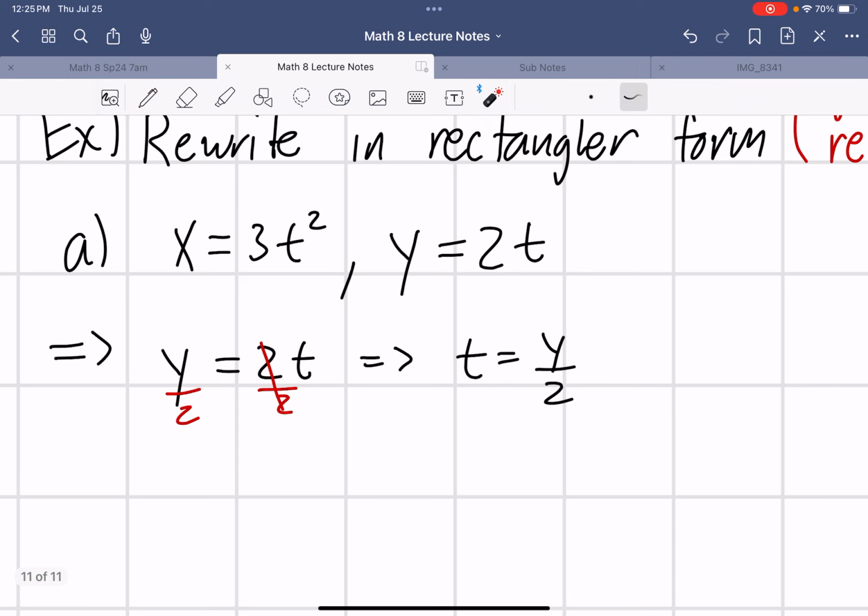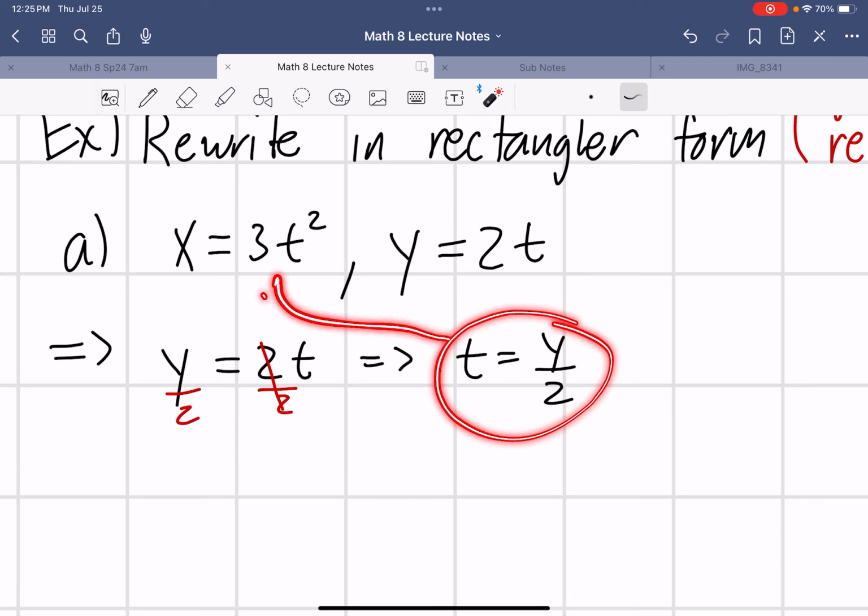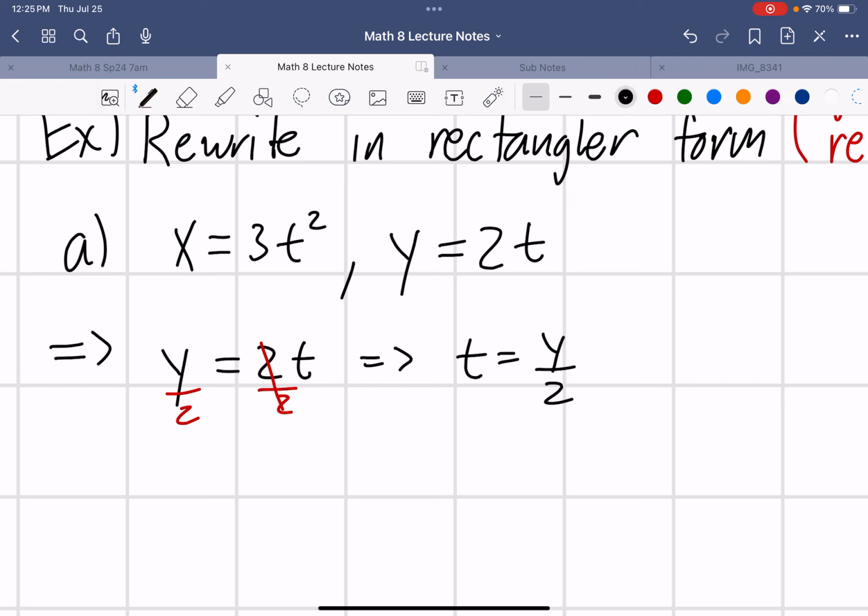What that allows me to do is then take t and plug it into my first equation, which gives me x is equal to 3, and then in parentheses 2, and then y over 2 for t.